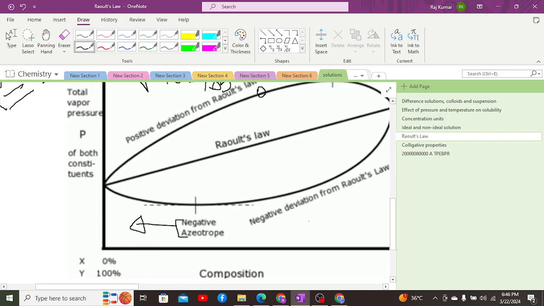Likewise, if we talk about negative deviation, we have HCl. If we have 20.24% HCl concentration with water, we have the boiling point greater than the boiling point of the pure components, and vapor pressure less than the vapor pressure of the pure components, due to which we can say that the boiling point would be greater than the boiling point of the pure component, which is equal to 110 centigrade.